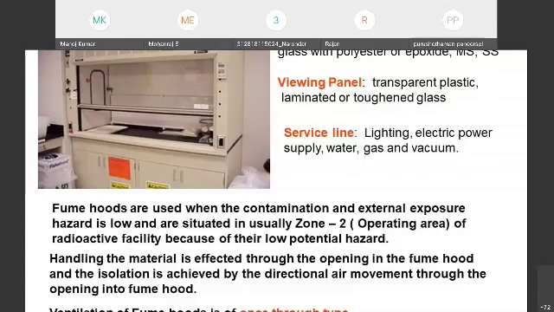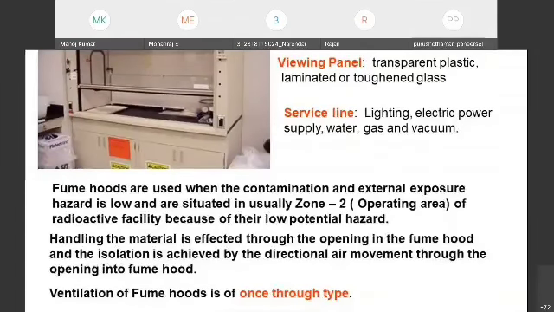In this type of fume hood, the air flow is once through. This glass can be opened. Generally, when it is in operation, we'll try to close it. With a small opening, the pressure inside this fume hood will be more, so that air will flow from outside to inside.